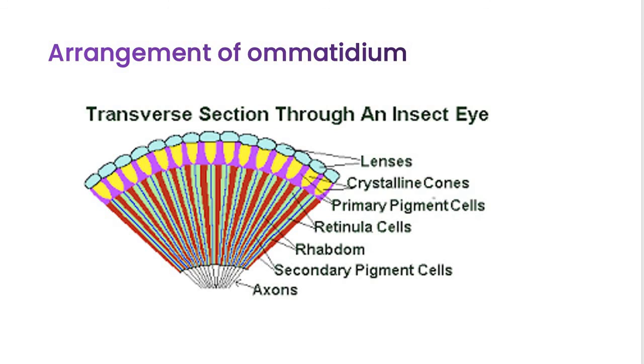Each retinular cell posteriorly terminates above the basement membrane. The inner margin of the retinular cells lying around the ommatidial axis is highly differentiated from the rest of the cell, and it is called the rhabdomere.